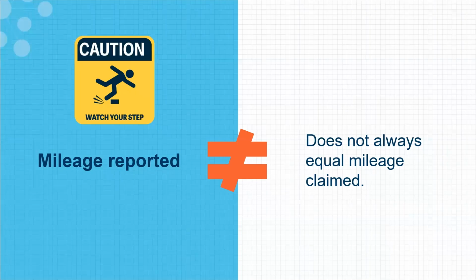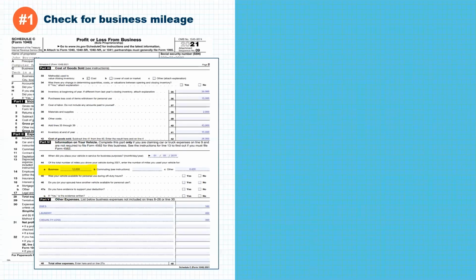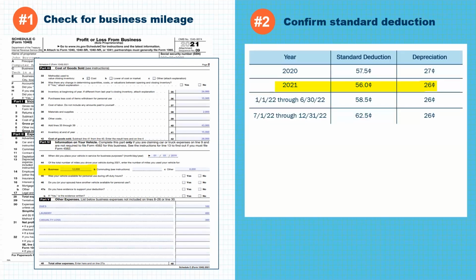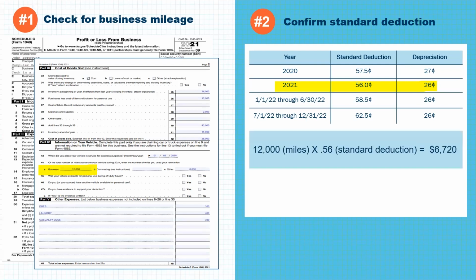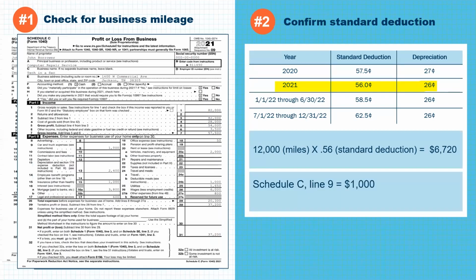Please use caution and watch your step, because you should be aware that mileage reported does not always equal mileage claimed. Let's say that in step 1, we see the same 12,000 miles on Schedule C, line 44A. This time, when we attempt to confirm standard deduction and we multiply the mileage of 12,000 by 0.56, which equals 6,720, and we check on line number 9, we see a figure of 1,000, which of course does not equal 6,720.